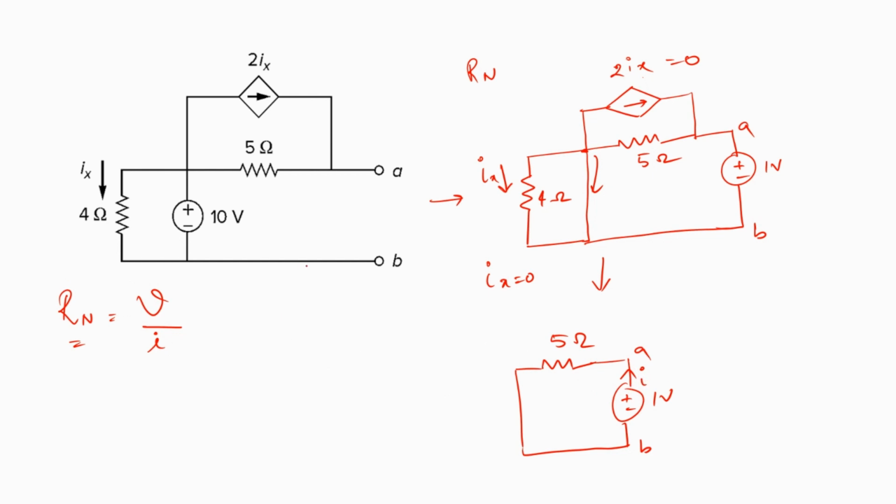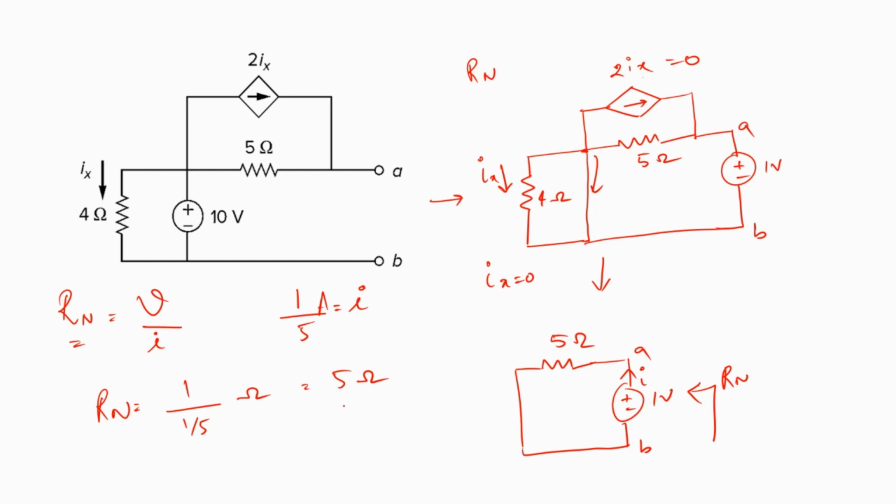I is nothing but 1 by 5. So therefore, I can say that Rn is nothing but 1 divided by 1 by 5 ohms. So that is 5 ohms. So this becomes the resistance looking in from the terminals AB.